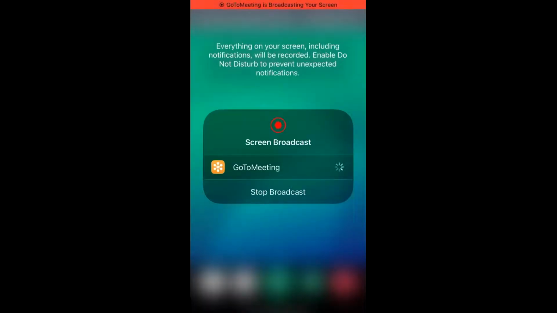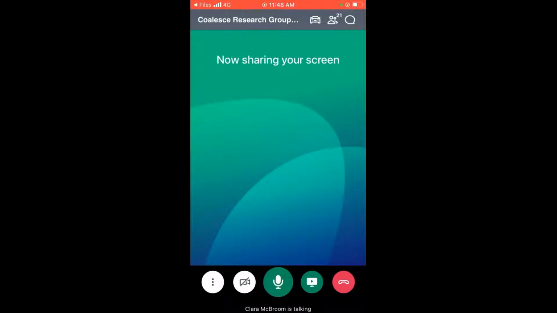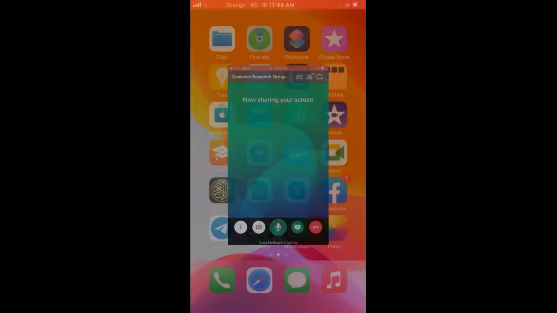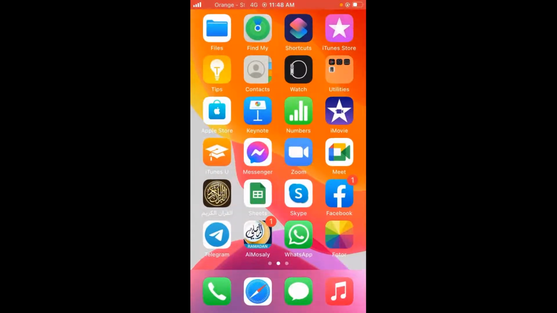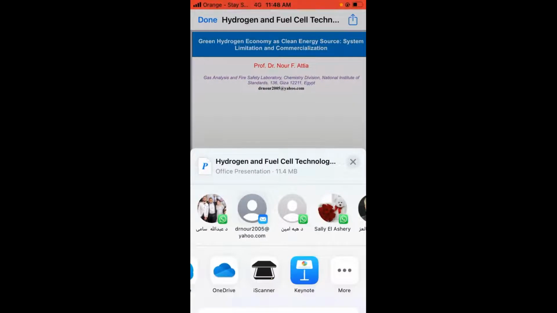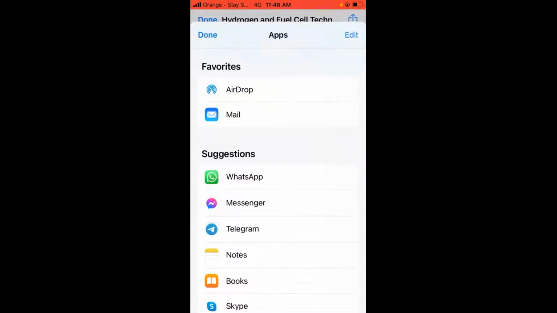Your phone display is coming, and again your screen has stopped. Kindly click on the screen button. Yeah, your screen is okay now. Can you please open your PPT? Yeah, your PPT is okay.